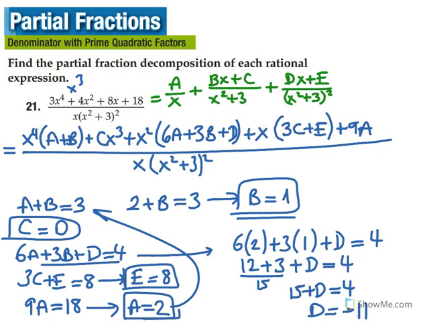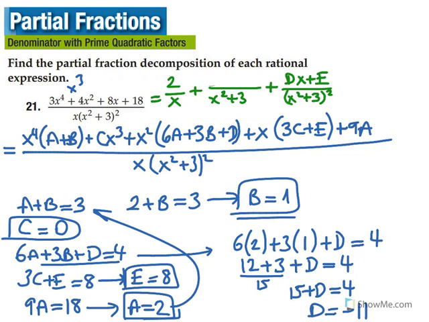So let's now substitute the values finally. a is 2, so I'll write 2 here. Then bx plus c. b is 1, c is 0, so it will be only x at the top.